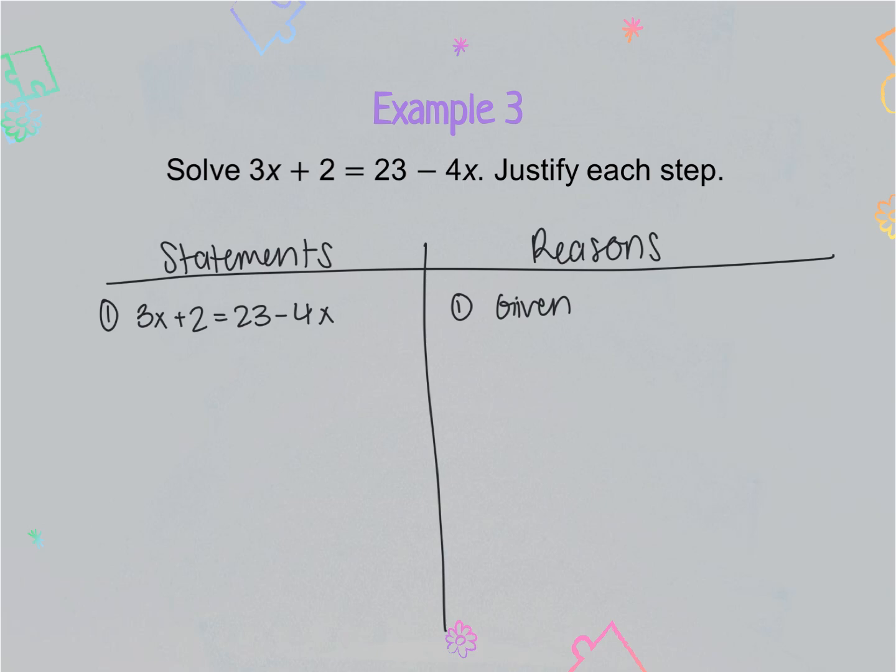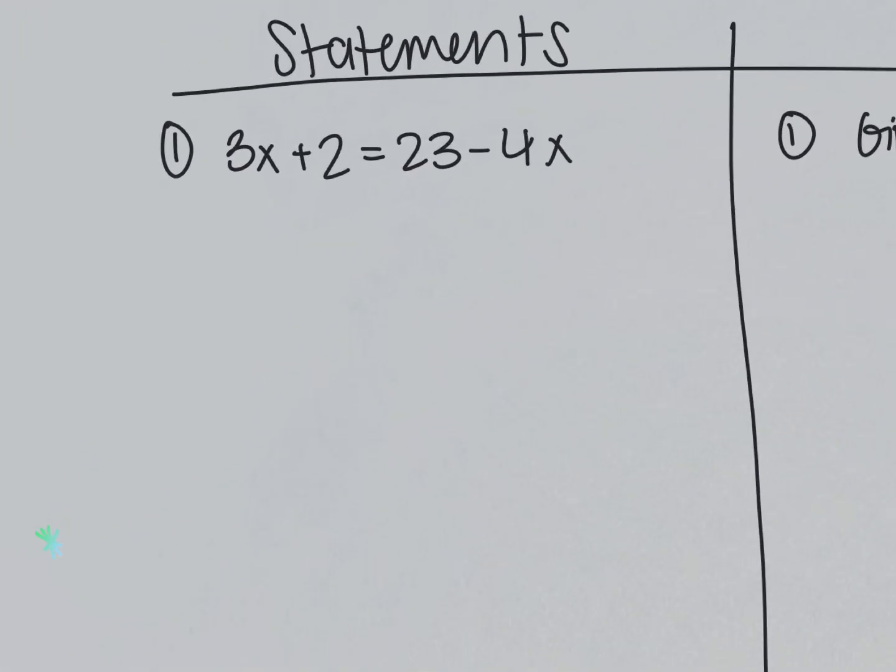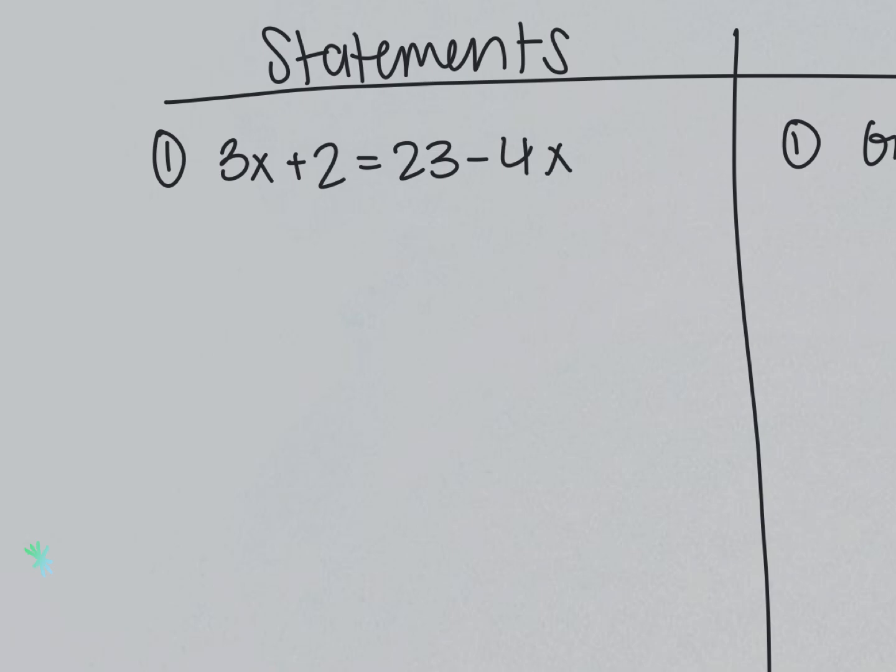For this one, we could have solved step 2 and step 3 in a different order, depending on how you did this first. So I'm going to go ahead and do my statements first. You could have subtracted 3x, or added 4x, or subtracted 2 or subtracted 23.